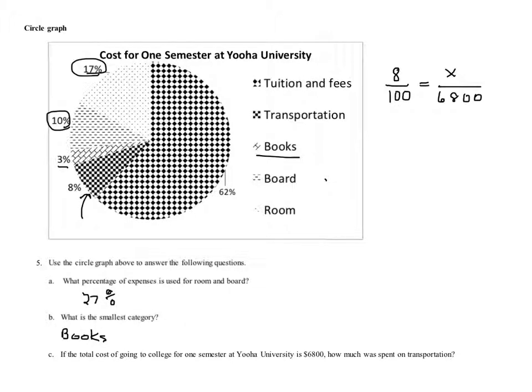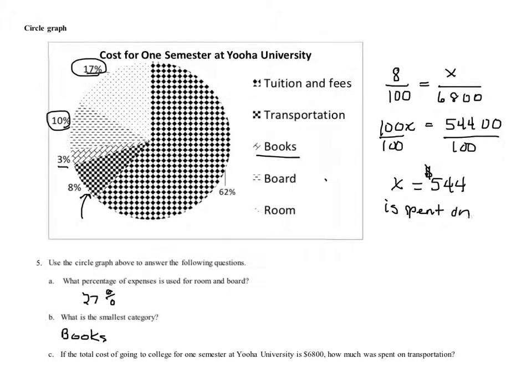So I'm going to cross multiply and get 100X is equal to 8 times 6,800, which is 5,440. There you have it. And then when I divide both sides by 100, I will get X is equal to 544. That's how much is spent on transportation.